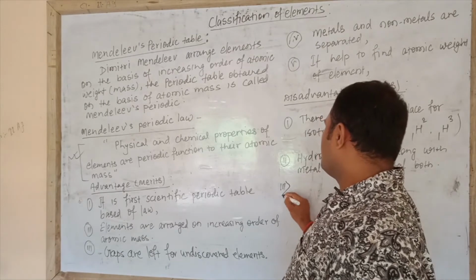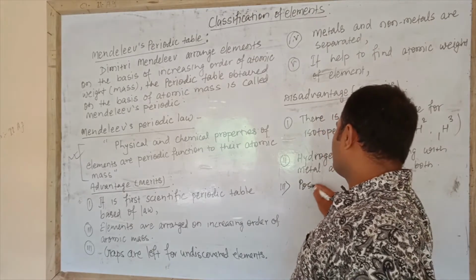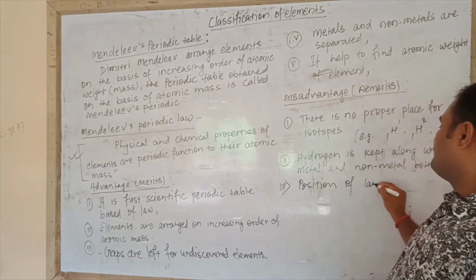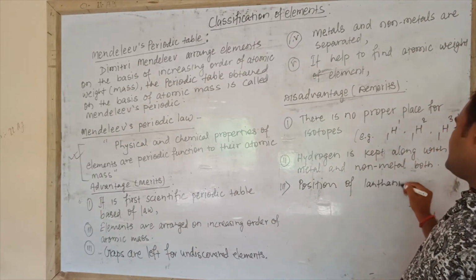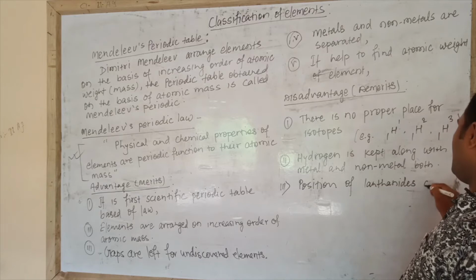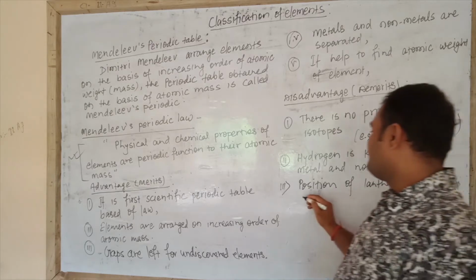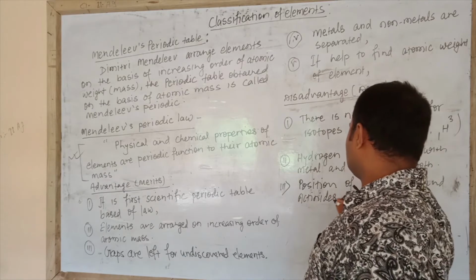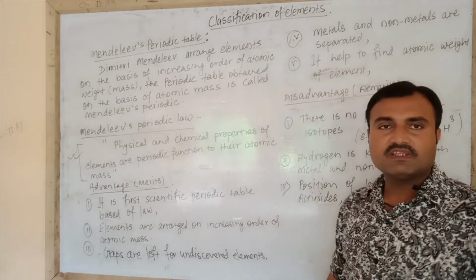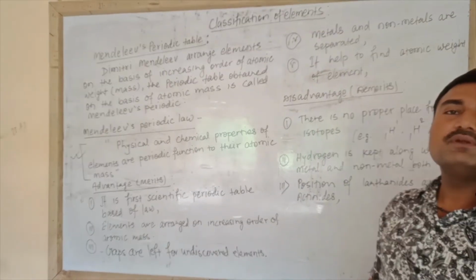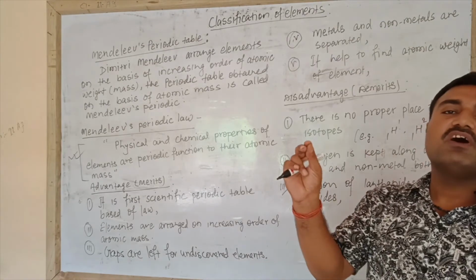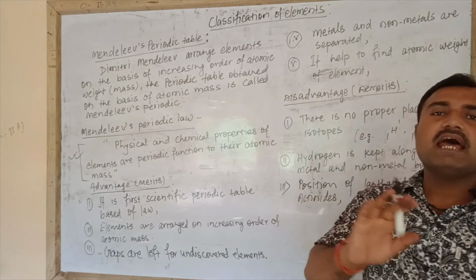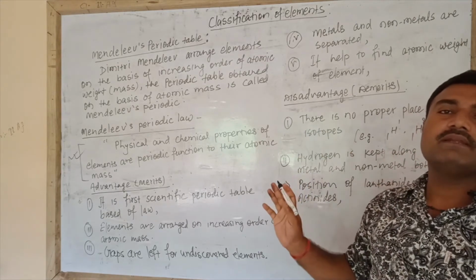The third disadvantage is the position of lanthanides and actinides. In the Mendeleev periodic table, proper places for lanthanides and actinides are not given.